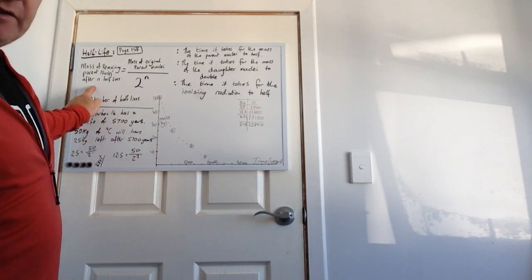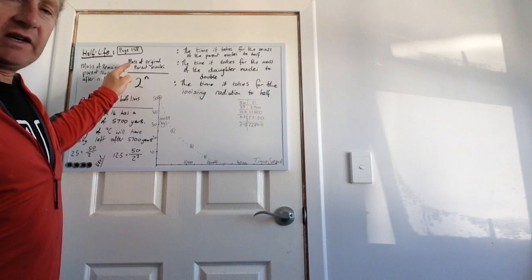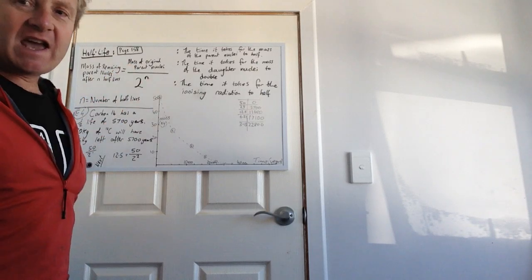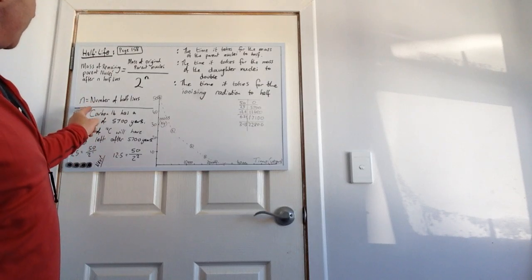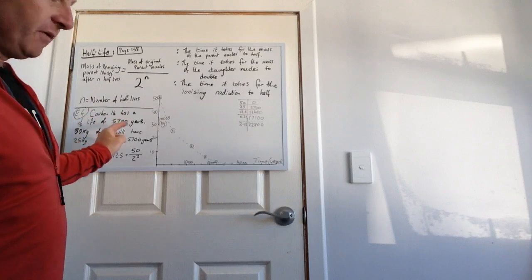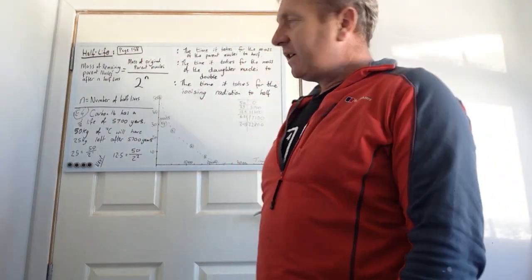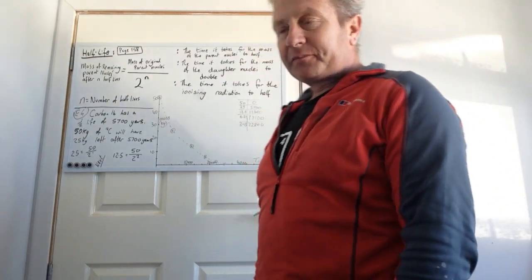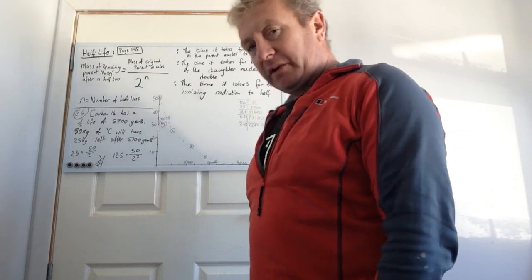So your mass of the remaining nuclei equals the mass of the parent nuclei divided by 2 to the power of n. And here is an example of how that would work. n's the number of half-lives, by the way. If you had carbon-14, which has a half-life of 5,700 years, and you had 50 kilograms of it, after 5,700 years you would have 25 kilograms.